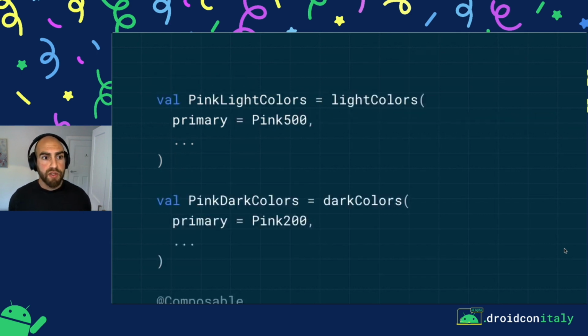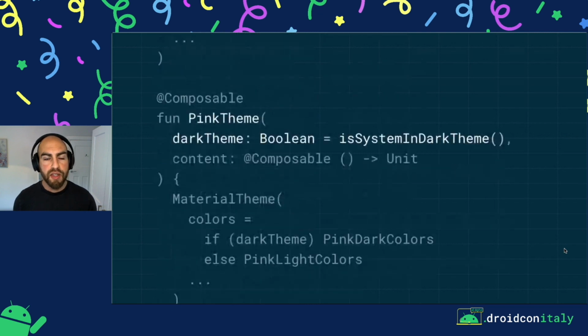And dark themes become much easier. Like I said, the color theming is just a set of colors. So we have this object holding a bunch of light colors, and we can define an alternate one holding a bunch of dark colors to use in a dark theme. And then in my theme composable, I can just pass a Boolean parameter as to whether or not it should display in dark theme.